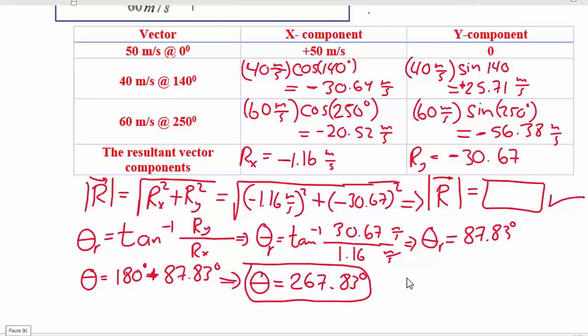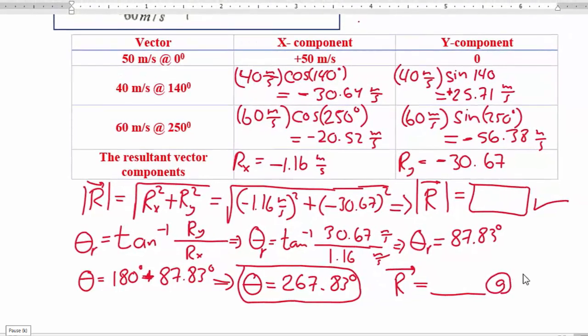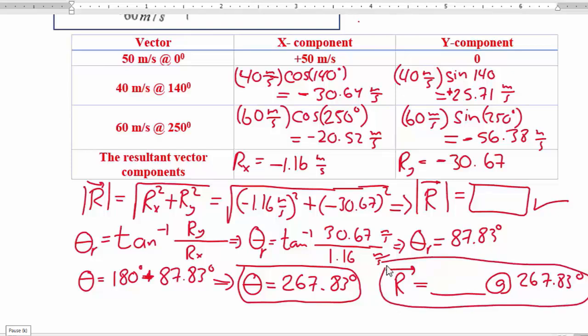So now we can write the vector quantity of the resultant, which will be the magnitude at this angle, 267.83 degrees. And this will be the answer here. You can see we found that the vector is in the third quadrant as we expected when we did the graphical method.